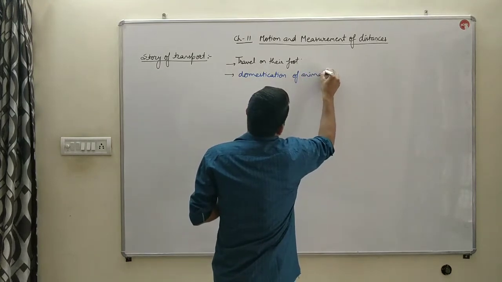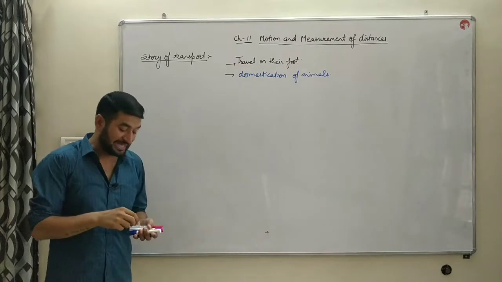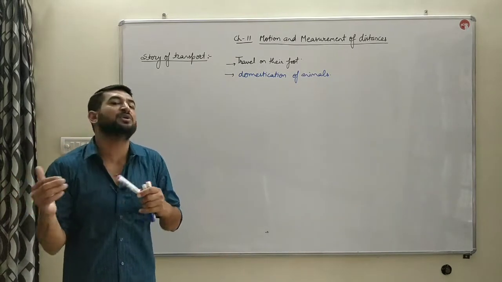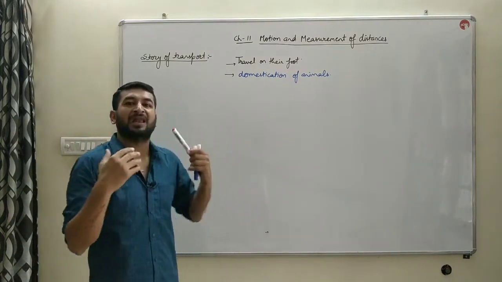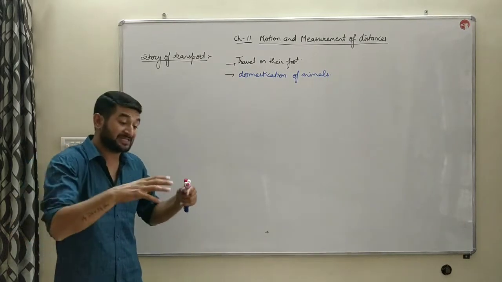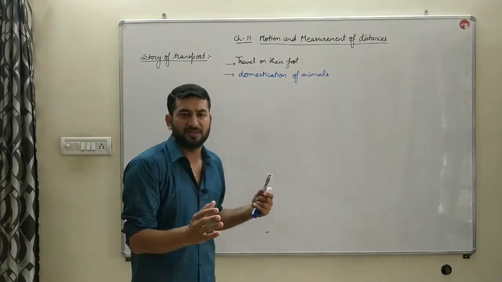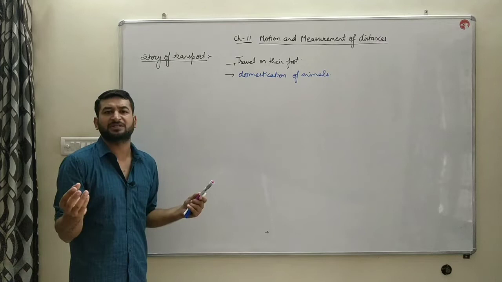People used to domesticate horses, cows, and buffaloes, and those animals helped people to travel from one place to another. पहले बच्चे लोग पैदल चलते थे, फिर धीरे धीरे लोगों ने जानवरों को पालना शुरू कर दिया, डोमेस्टिकेशन शुरू कर दी, एंड देन दोज डोमेस्टिकेटेड एनिमल्स हेल्प दोज पीपल टू ट्रैवल. लोग फिर बच्चे घोड़े पर बैठकर जाने लगे, गाय और भैंसों का इस्तेमाल करने लगे बच्चे.